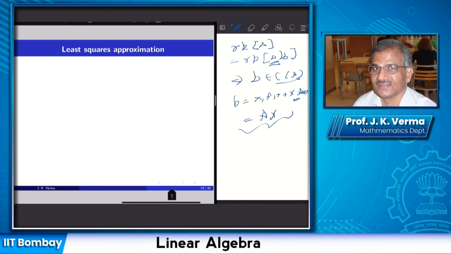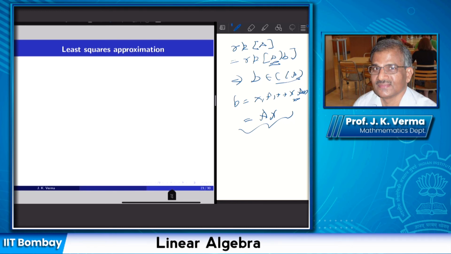When we are presented with a lot of data, we want to draw some conclusions. Sometimes the data will lie on a straight line, so there will be very simple relations among the data. Sometimes the data will lie on a curve like a parabola or hyperbola. So given the huge amount of data, we want to draw some conclusions, and this is a big branch called data science, and this is a very humble introduction to data science.